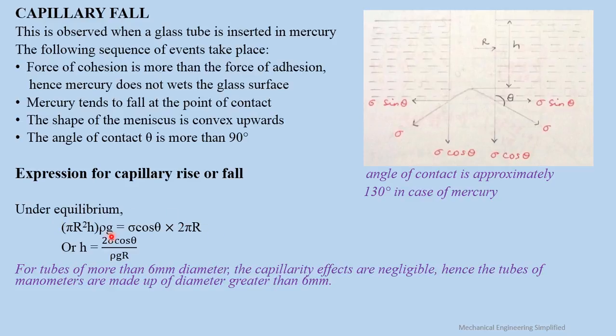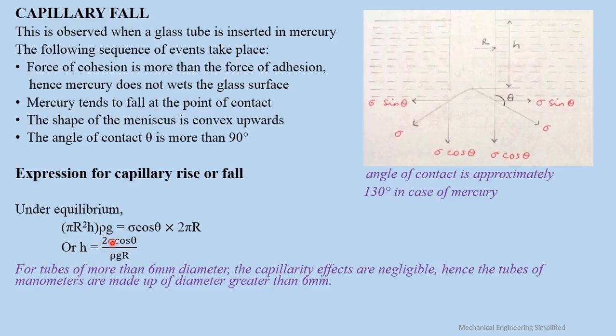Do not use it for every case. If in some case the dimensions of this part have also been provided, please take them into consideration. Otherwise, under equilibrium, the concept is the same: the weight is balanced by the surface tension force.